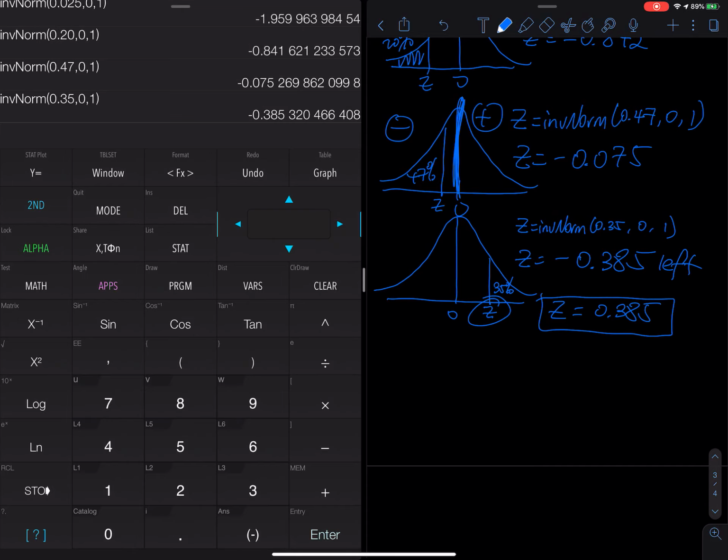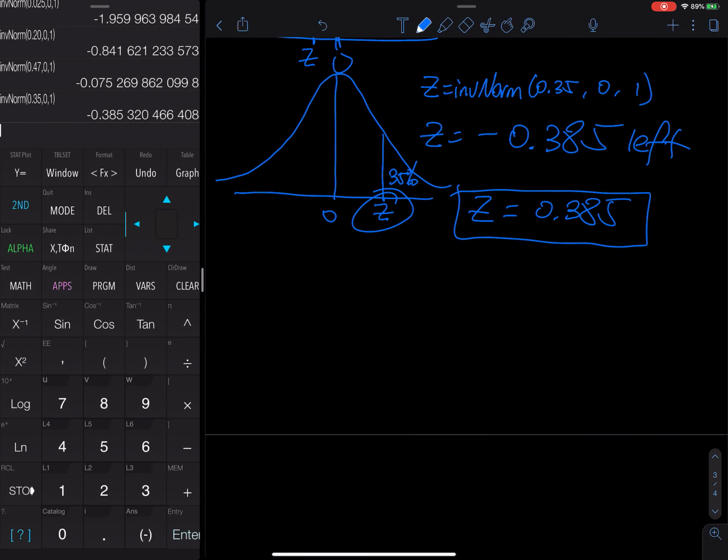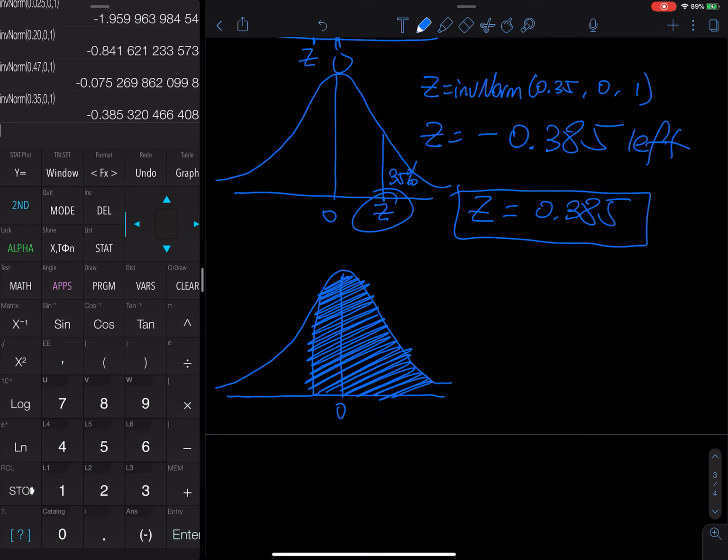Let's try a 54%, shall we? How much is 54, by the way? We cut a 0 right in the middle, 50 on the left, 50 on the right. 54% on the right is already more than half on the right. So this is what we are looking for. I want to get this Z. So to find the Z, we do inverse norm 0.54, 0, and 1.